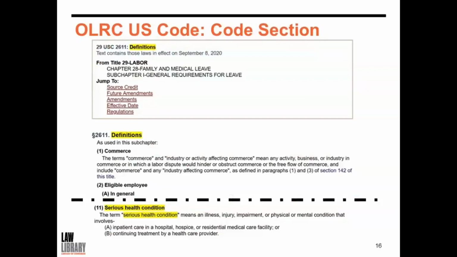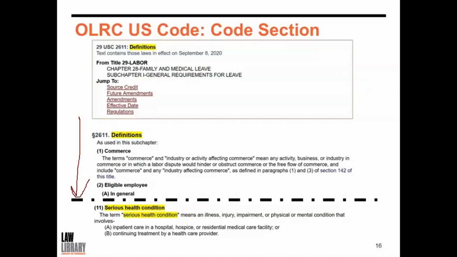There's a lot more definitions than I can fit on this page, and I try to make this as user-friendly as possible. So if you were looking at the results all the way down, keep scrolling, you would see that the term serious health condition is defined as an illness, injury, impairment, or physical or mental condition that involves blah, blah, blah. There's the definition.